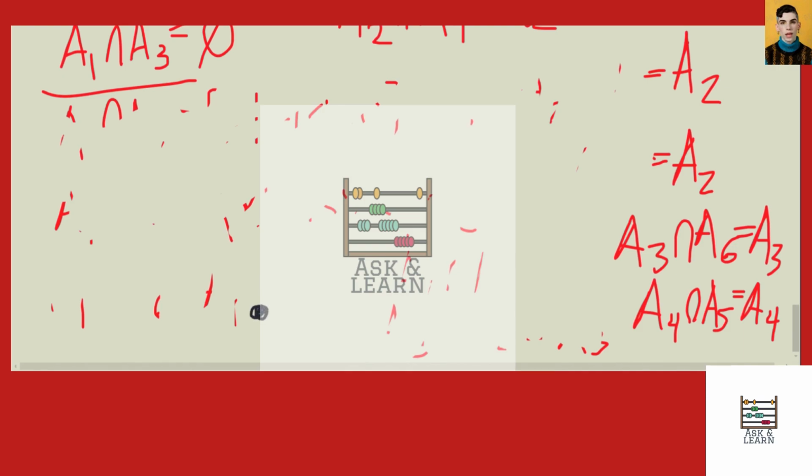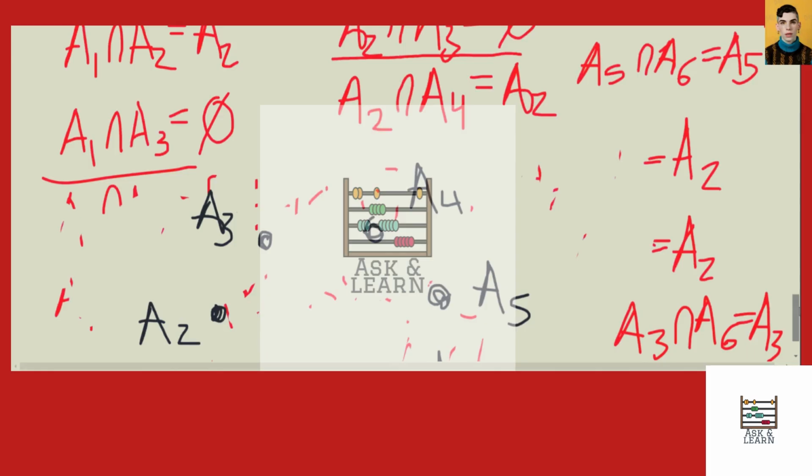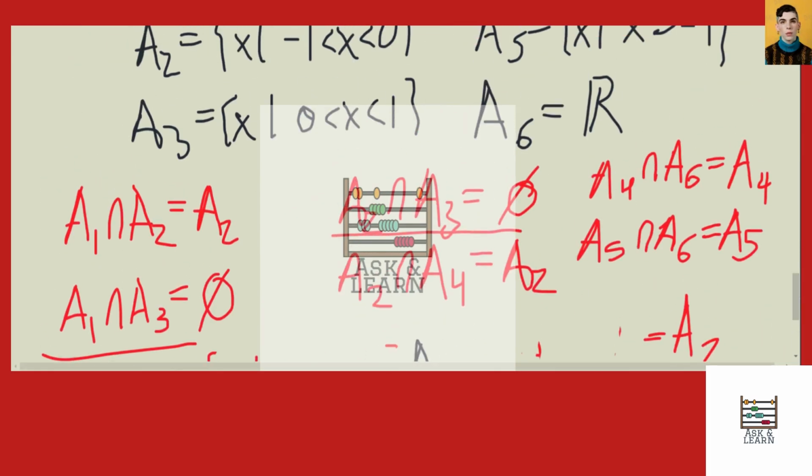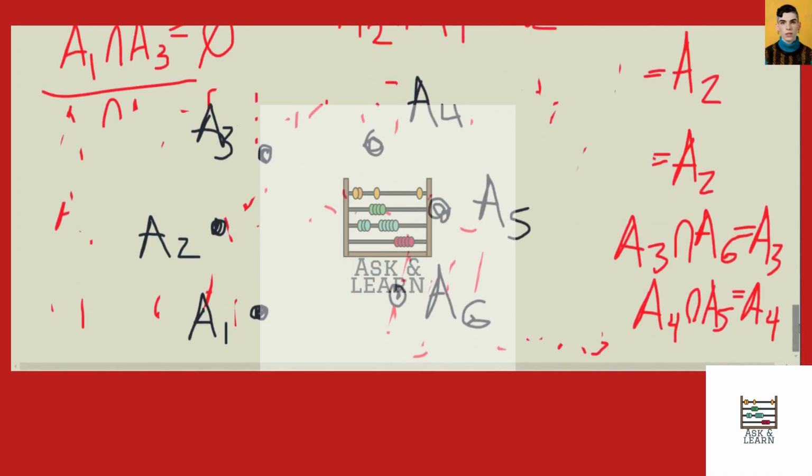The vertices of the hexagon are going to be A1, A2, A3, A4, A5, and A6. And so we know that the only edges that aren't in this graph are going to be 1, 3, and 2, 3. So we have 1, 2 as an edge, which I'll draw in green.